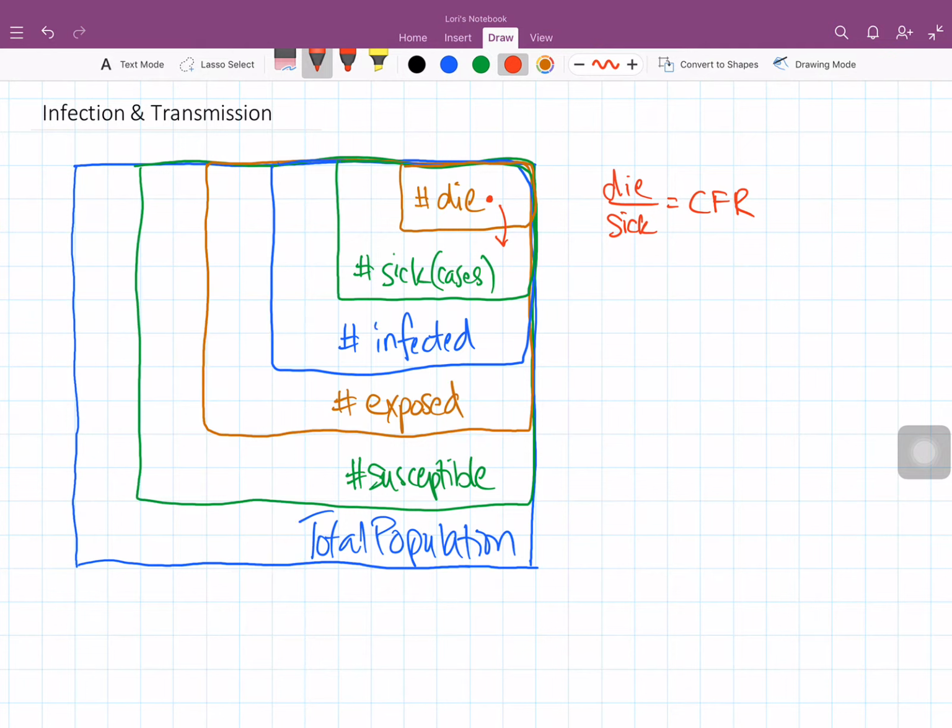Measuring the number of cases can be tricky. This has to do with the whole concept of spectrum of disease. If you think about the spectrum of disease, your textbook does a really nice job of showing that you can have anywhere from mild disease to moderate disease all the way to death, which is more obvious.